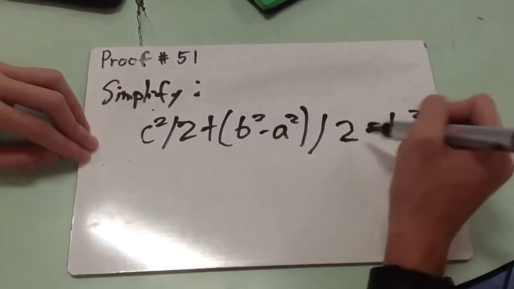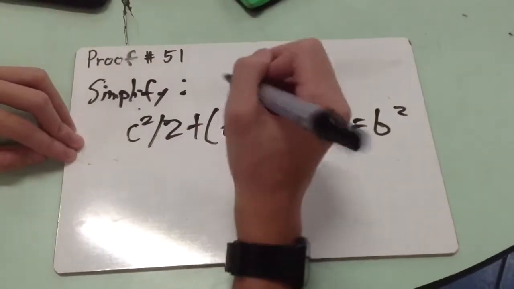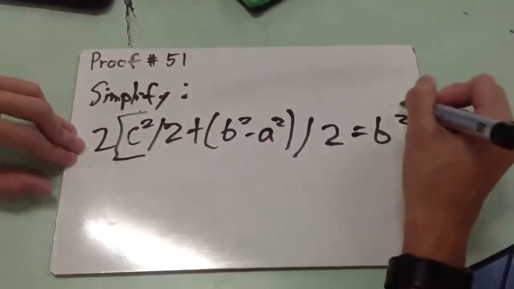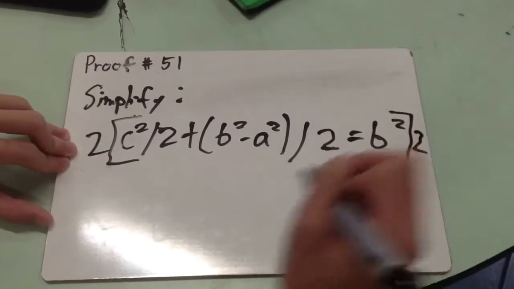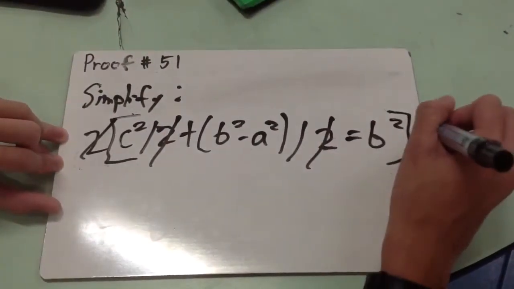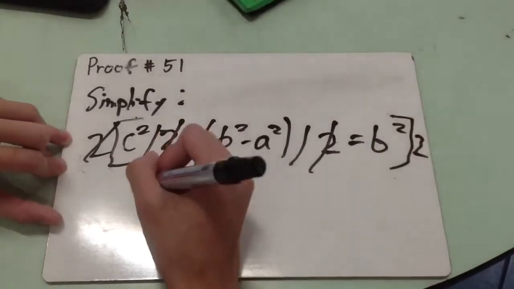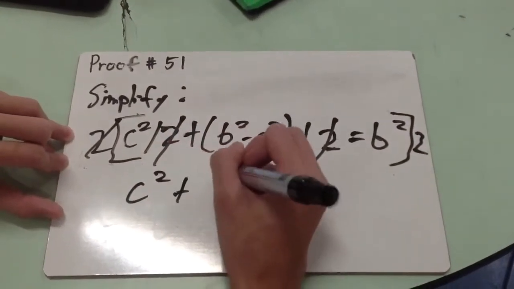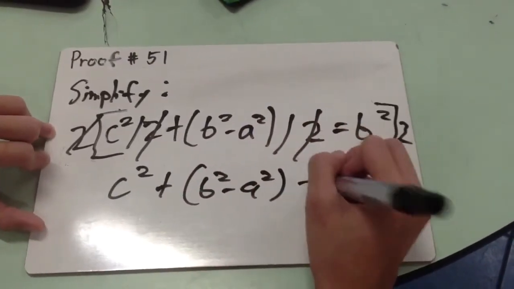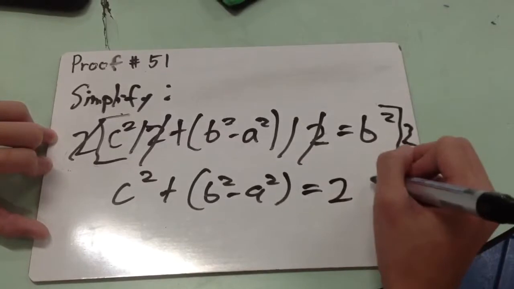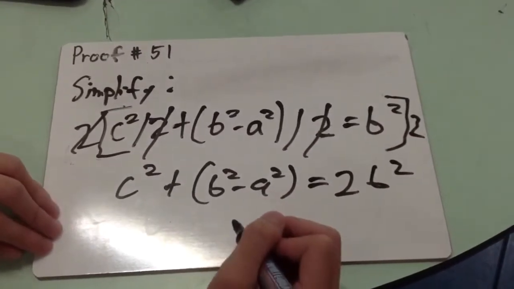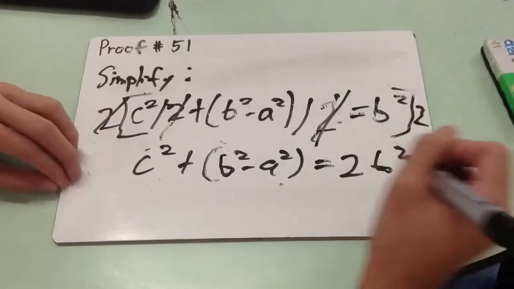So first we remove the 2's by multiplying 2 to both sides. So we cancel both 2's and we are left with c squared plus b squared minus a squared equal to 2b squared. We continue to simplify by making all the variables on one side.